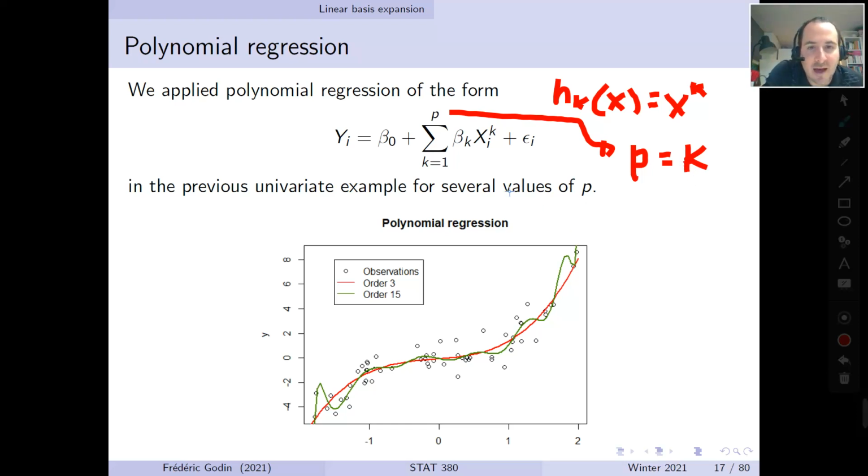So if we replace the h_k by the powers, the linear relationship indeed becomes truly a polynomial relationship. You assume that y_i is a polynomial of order p of the predictor plus epsilon_i. Here we assume that we had a single original predictor x, and the transformations we consider are the various polynomials of that predictor x.